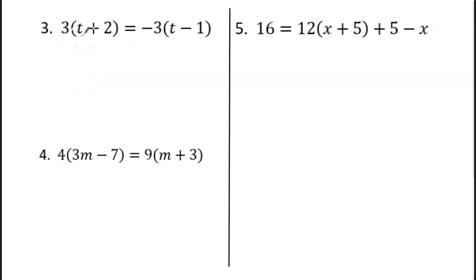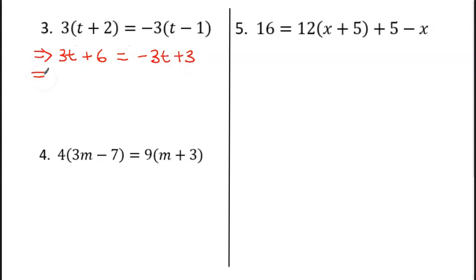So we have 3 times (t plus 2) is equal to minus 3 times (t minus 1). So this implies that we open the bracket. So 3 times t, 3t, plus 3 times 2, 6, is equal to minus 3t plus 3.